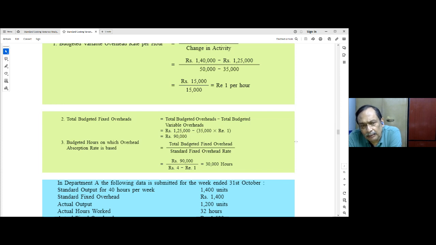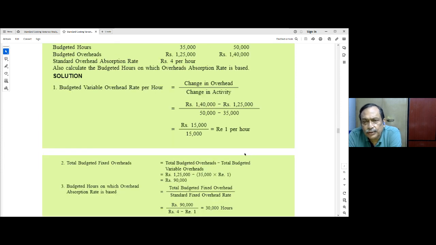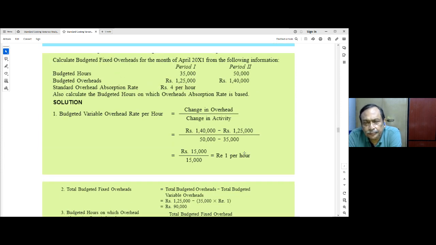So budgeted hours on which overhead absorption rate is based, that is total budgeted fixed overhead divided by standard fixed overhead rate.